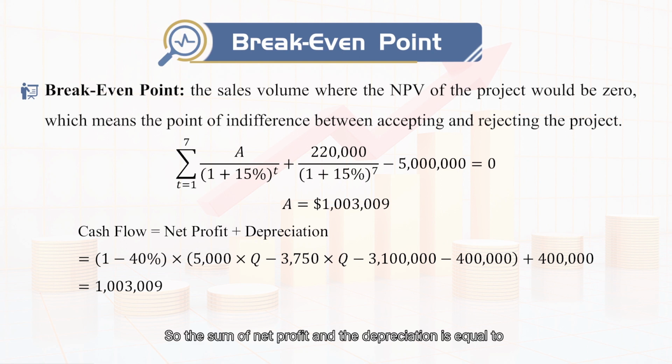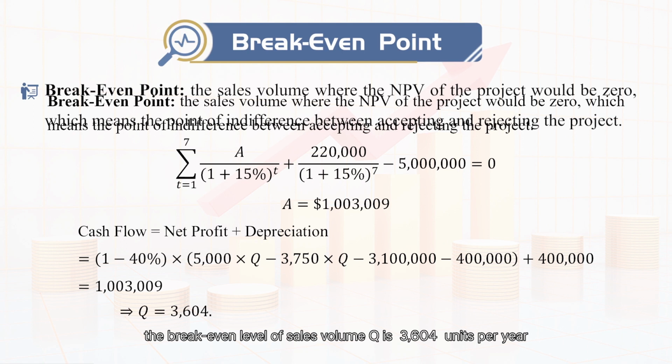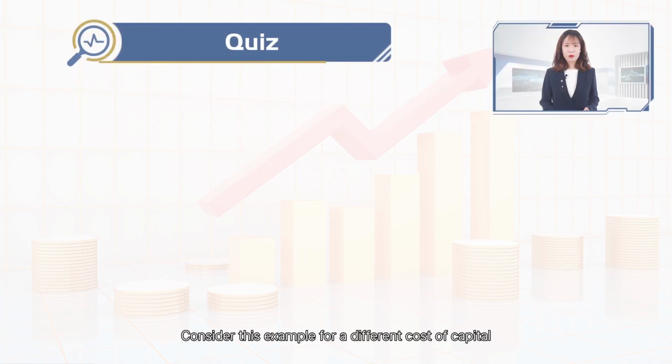So the sum of net profit and the depreciation is equal to the net cash flow from operations, $1,003,009. Finally, solving this equation, the break-even level of sales volume Q is 3,604 units per year.